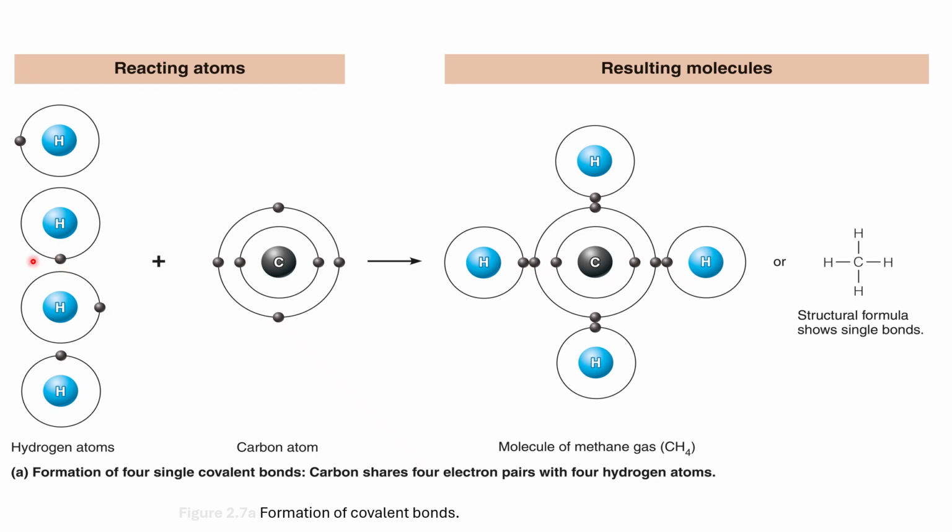Each one of these hydrogen atoms are like that. The carbon atom has 4 electrons in its valence shell. So 1, 2, 3, 4. So it needs 4 more electrons to be stable. When a carbon atom shares 4 electrons with hydrogen atoms, 4 of them, they form a molecule of methane gas.